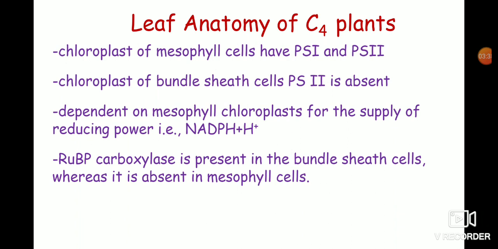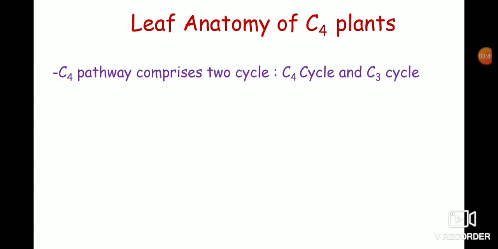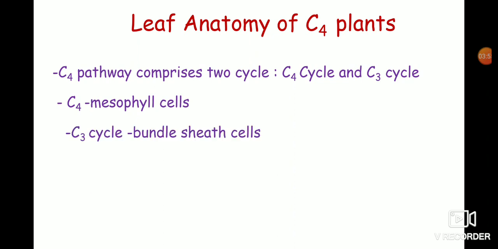RuBP carboxylase or Rubisco is present in the bundle sheath cells, whereas the Rubisco enzyme is absent in the mesophyll cells. The C4 pathway comprises two cycles, that is the C4 cycle and the C3 cycle. The C4 cycle operates in the mesophyll cells, whereas the C3 cycle operates in the bundle sheath cells.